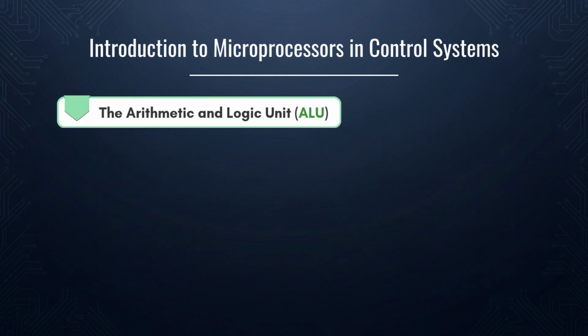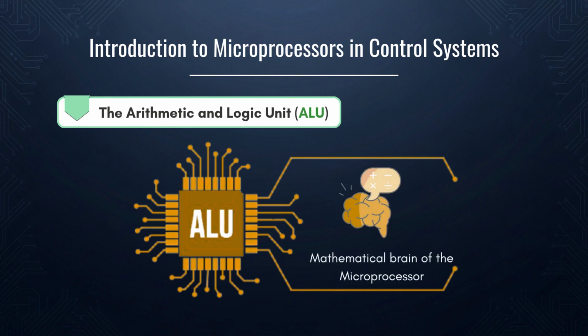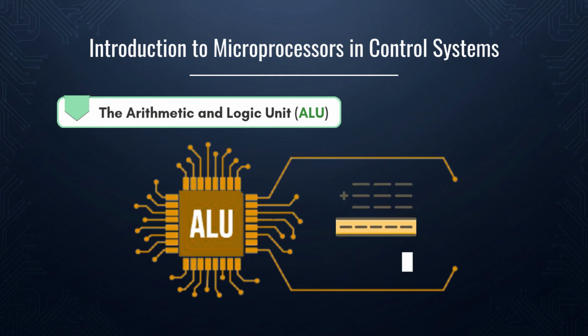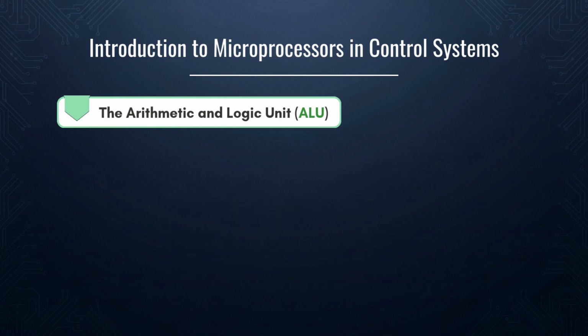The Arithmetic and Logic Unit, ALU, is the mathematical brain of the microprocessor. Every addition, subtraction, comparison, and logic operation flows through here.